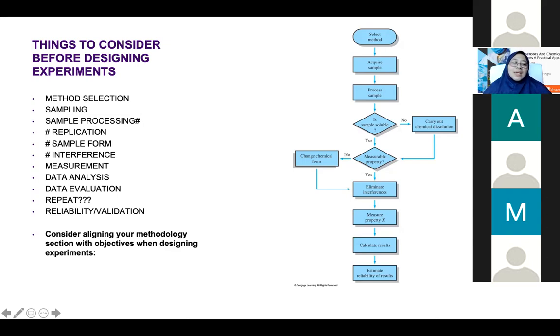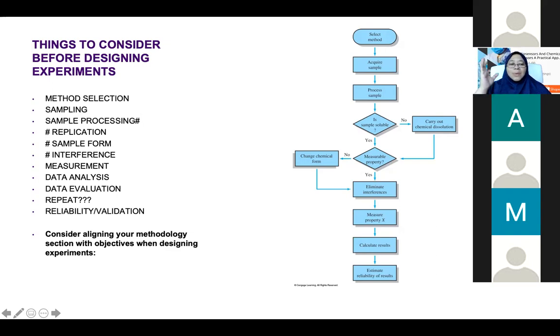Now, we are talking about the method that you choose. You have done a good job in sampling and sample processing. You have replicates, a good standard sample size or a well-dissolved soluble sample.